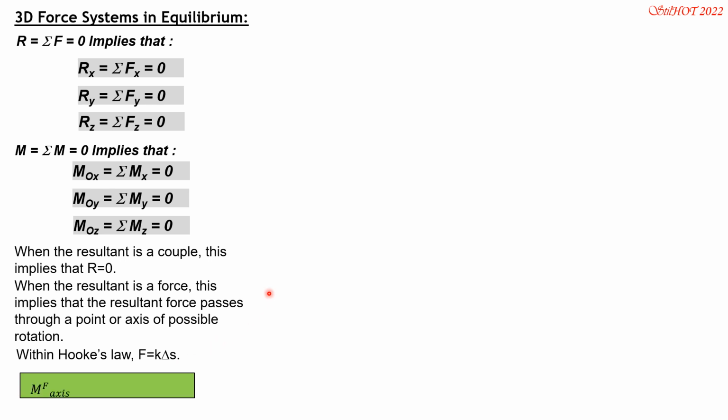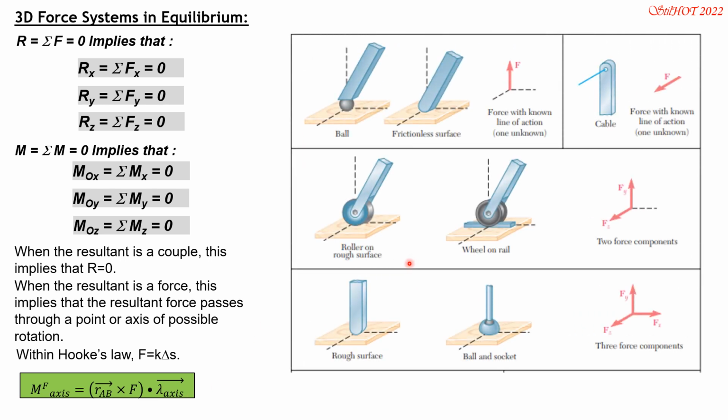So recall that the moment of a force about an axis, which is a scalar, is position vector RAB cross F, where A is the moment center and B is the point on the line of action of the force, then to be dotted with the unit vector of the axis. So we need this. Then here are the different cases.